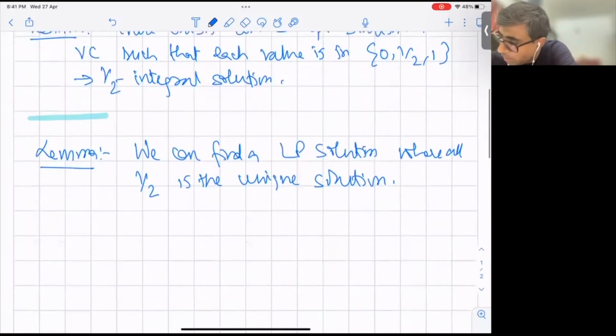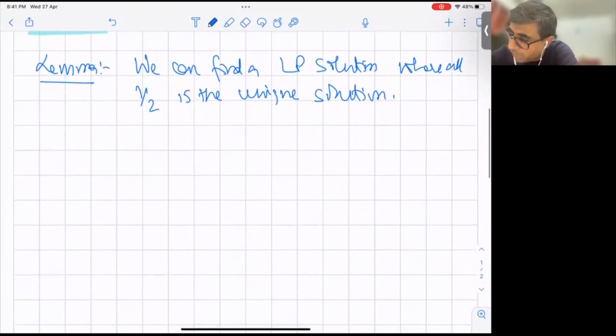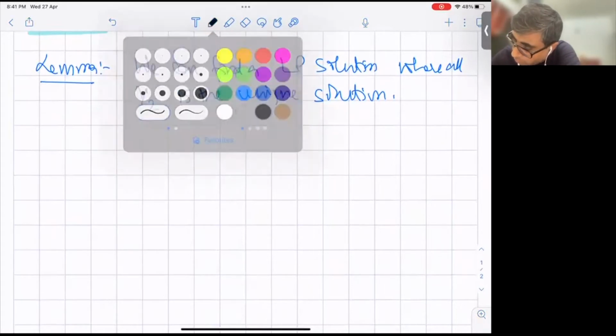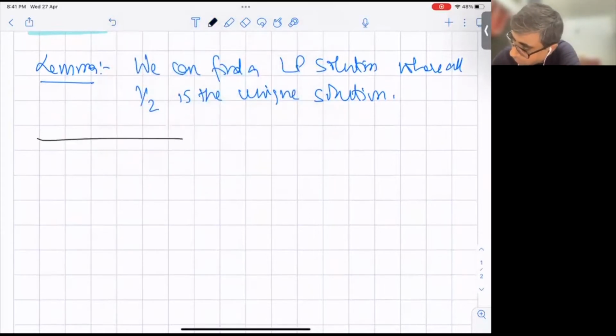Our algorithm was very, very simple. What did the algorithm do?